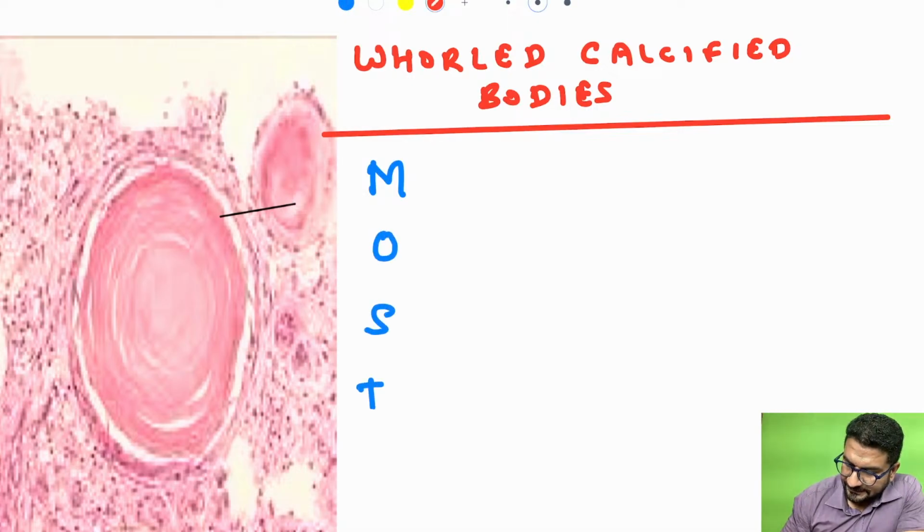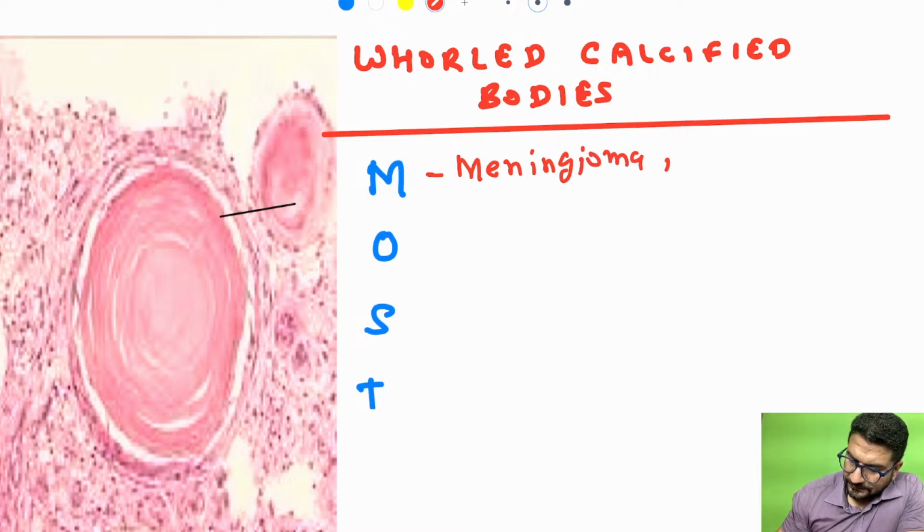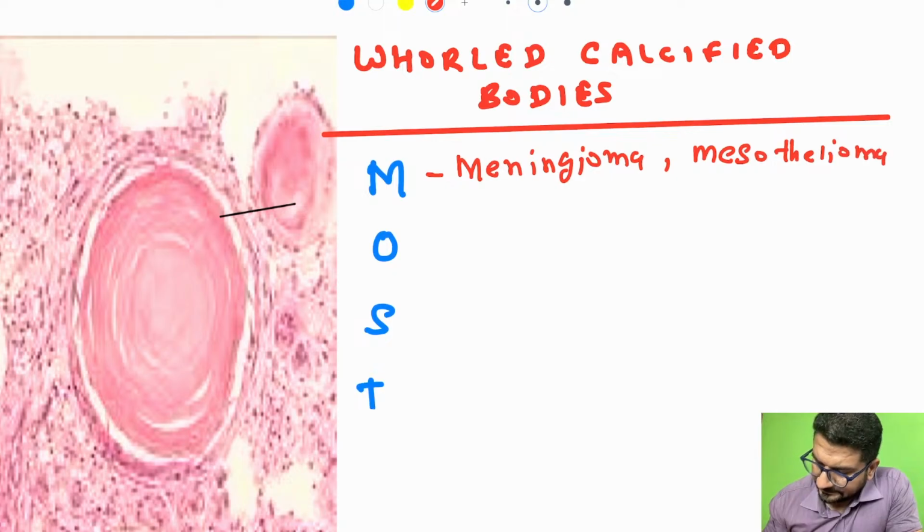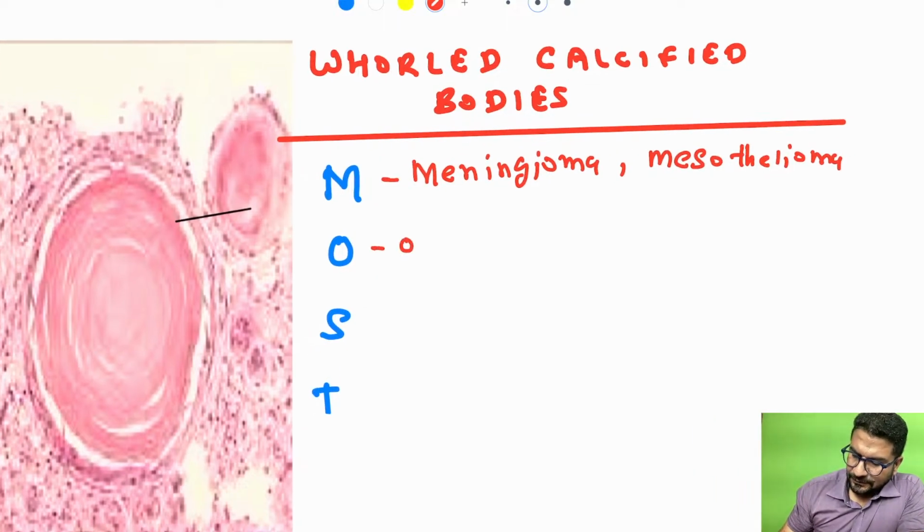M means you will see them in meningioma, also in mesothelioma, then in ovary, in salivary gland, and in thyroid.